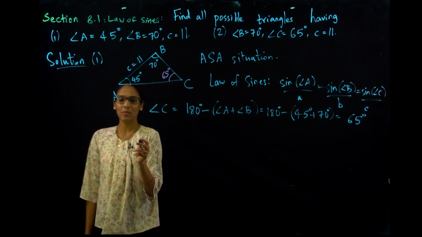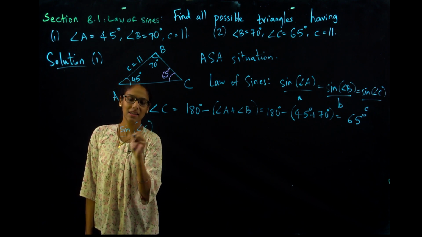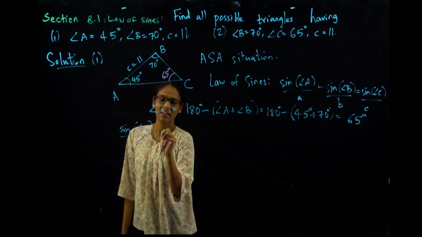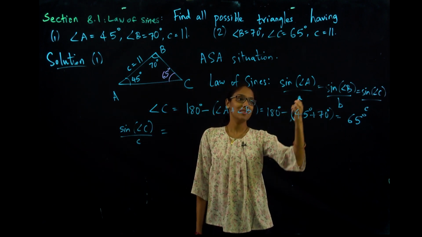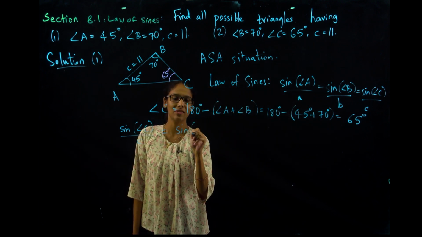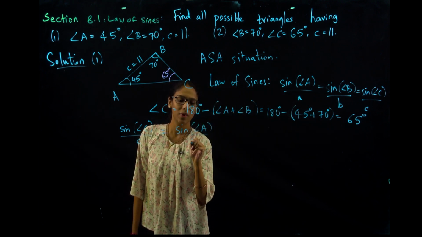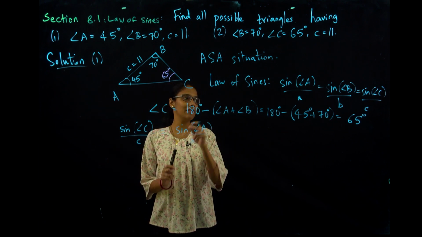Now, proceeding with that, sine angle C by little c. Choose whichever letter you prefer. For instance, let's try to solve for little a first. So sine of angle A by little a. Now from here, what do we get? Plug in the given values.